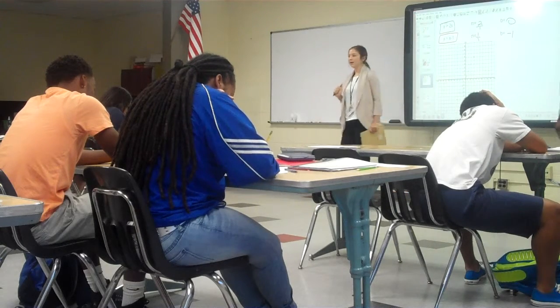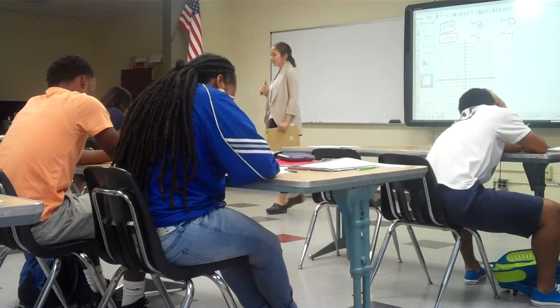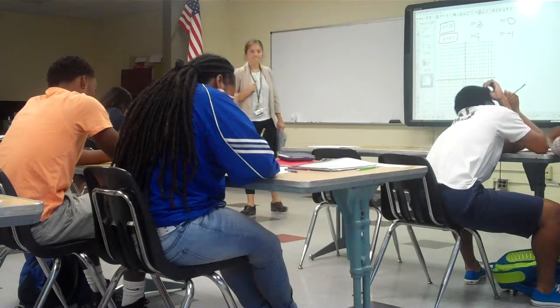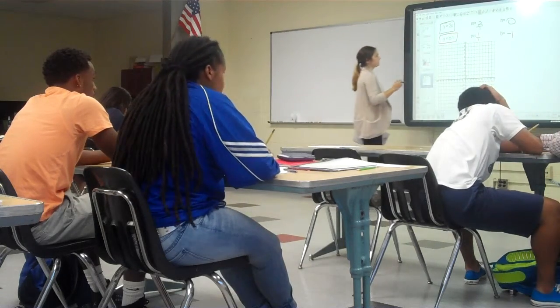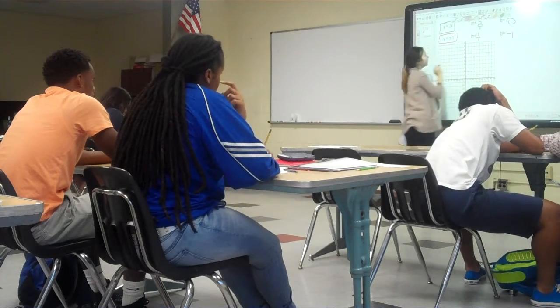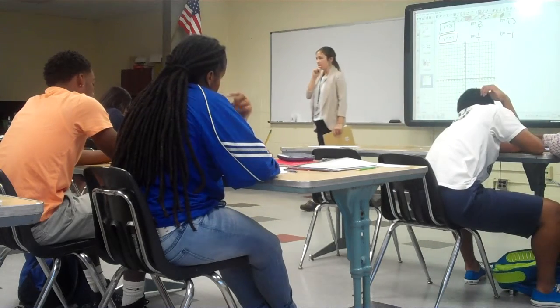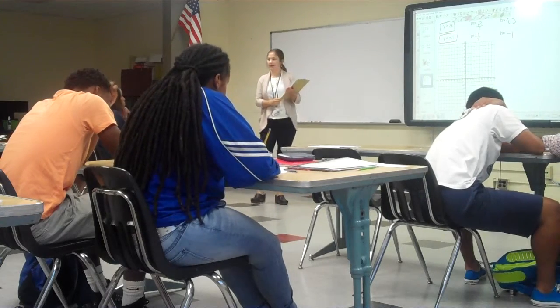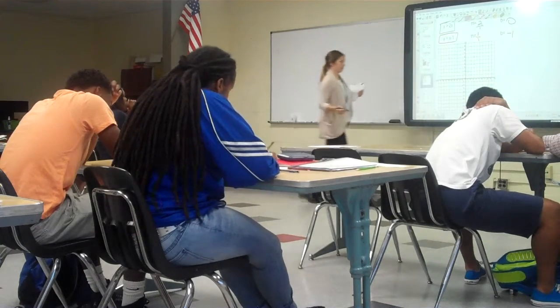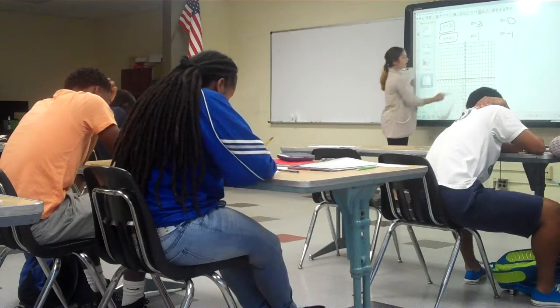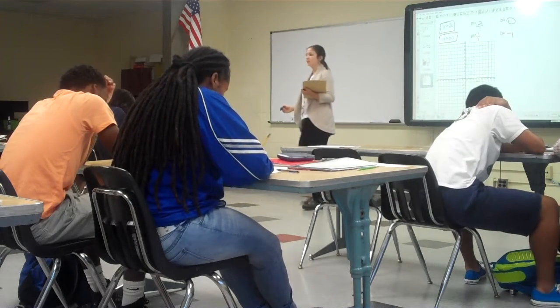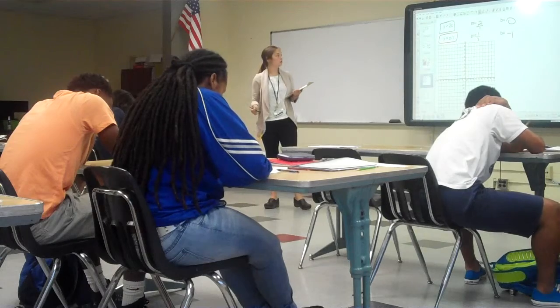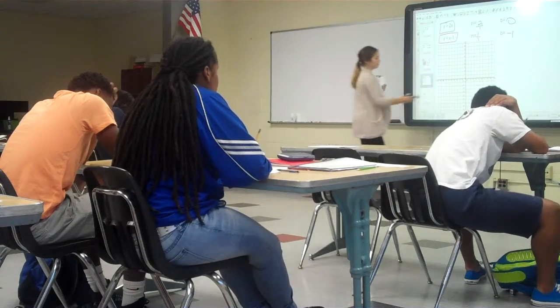I'm not going to fill this line in yet, if there's something else coming. Okay. Jamisha, where am I going to start this next line? Negative 1, good. And then the slope, Roger? Up 1 over 1, good.